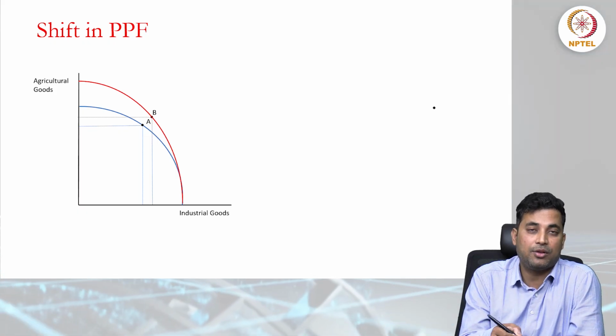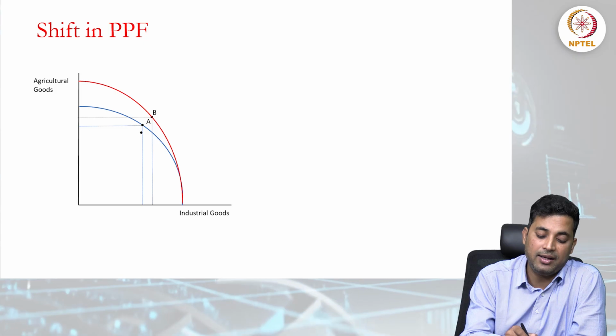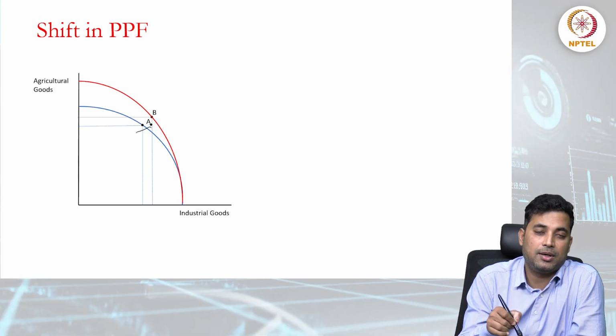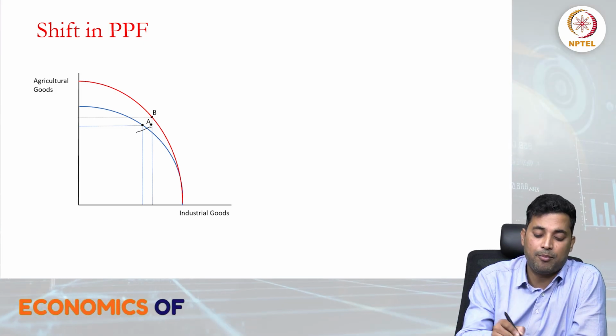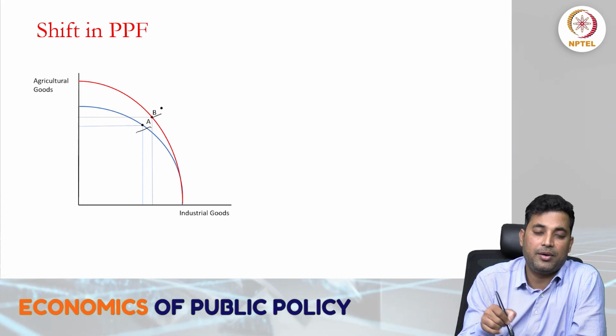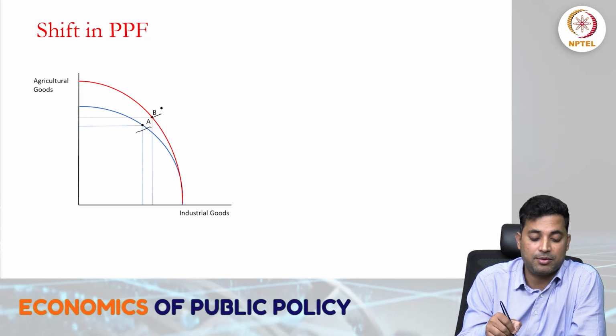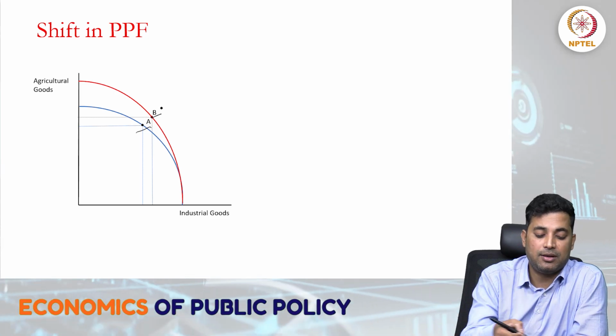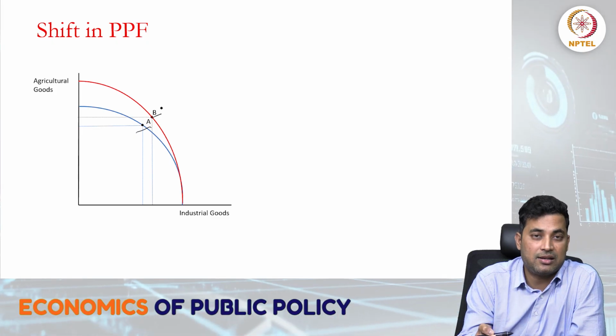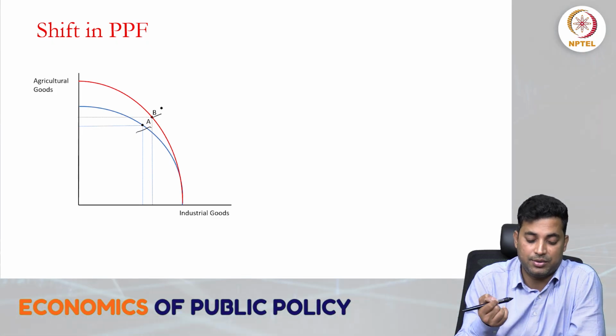Point A is on the blue line of the production possibility frontier, and point B is on the red production possibility frontier, and we have chosen two goods, one agricultural goods and the other industrial goods.